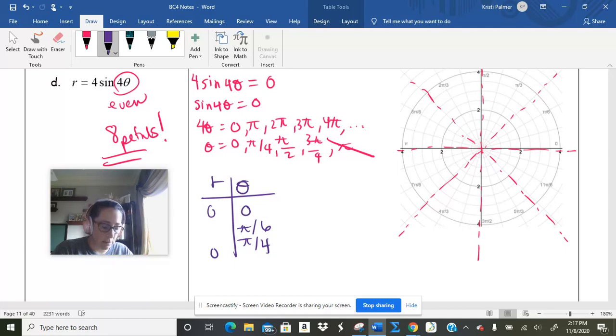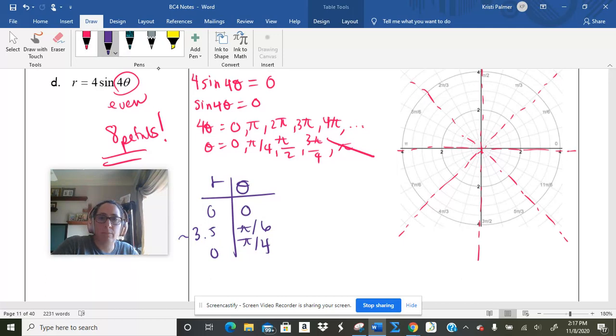So sine of 4 times pi divided by 6. And then we want to multiply that by 4. Okay, so got about 3.5.